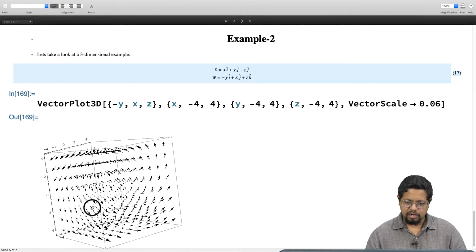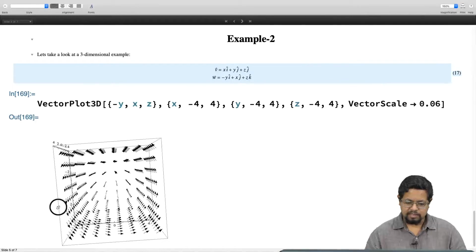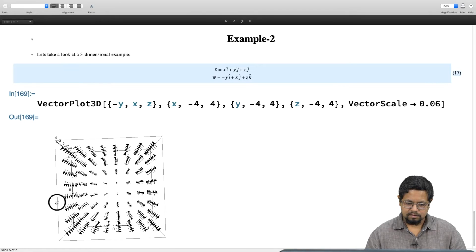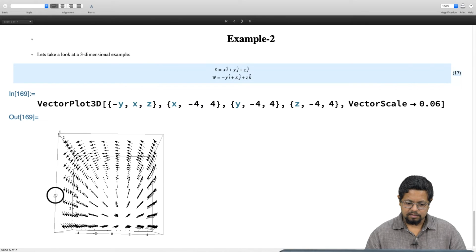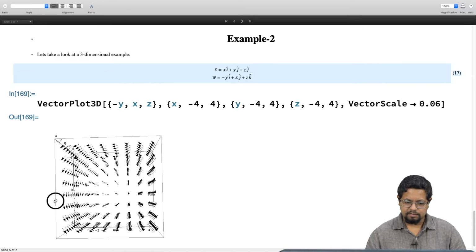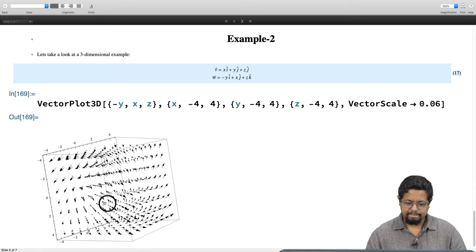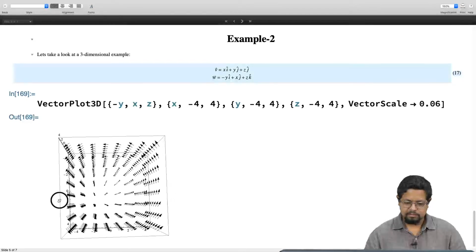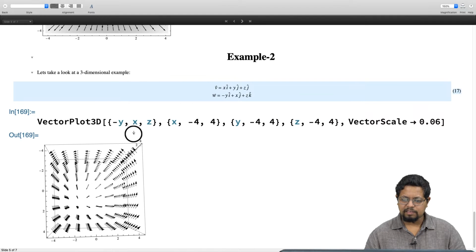In fact, if you align yourself with the z axis, you will see that this is going to have a sense of curling. The projection on the x and y plane is a vector field which is minus y comma x, something that has a curl. So when I align myself with the z axis, that z axis is pointing out, you see a sense of curl, a sense of rotation in this vector field.